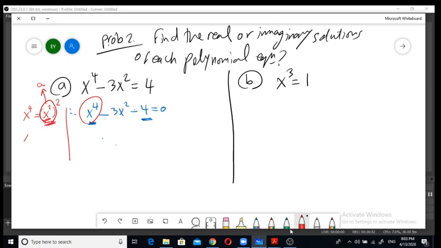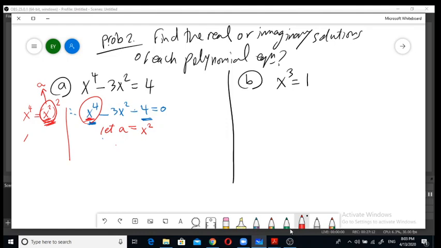Then we are going to solve this equation as a quadratic equation, but with a different variable. So let a, for example, a is equal to x squared.